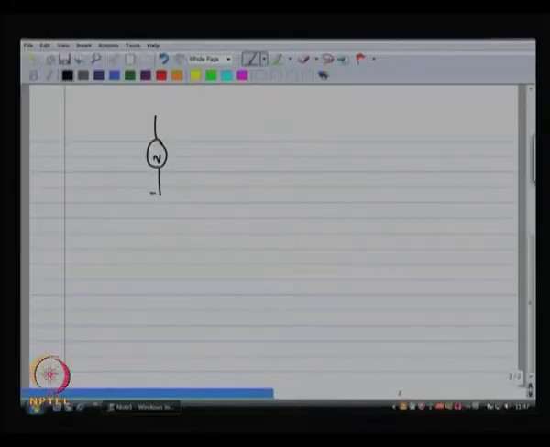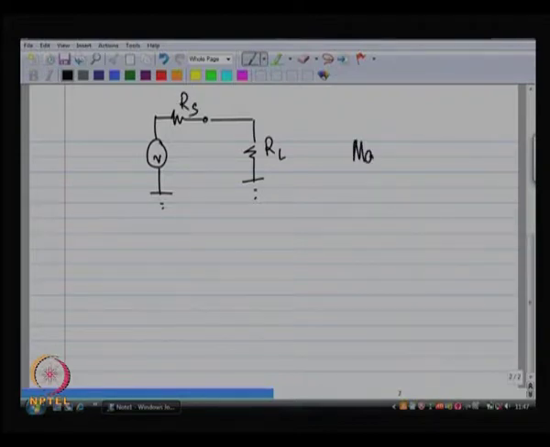It is like this. If I have a source and there is a source resistance, then maximum power is transferred if the load resistance is equal to the source resistance. So, it is a very simple theorem.